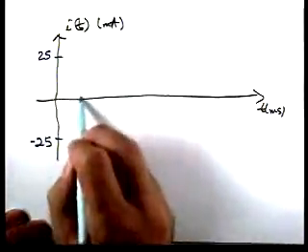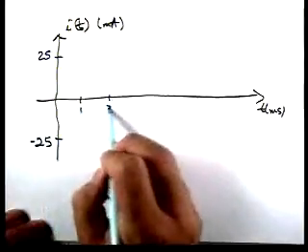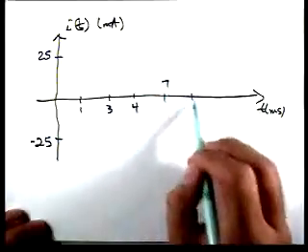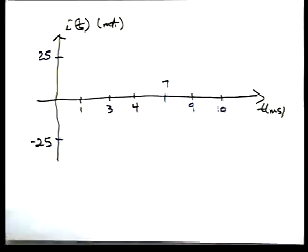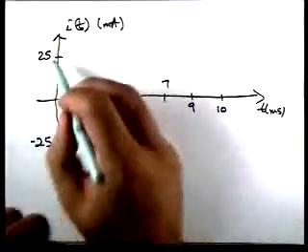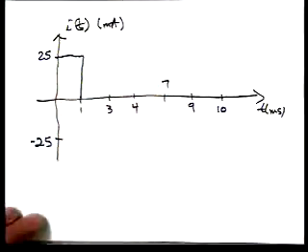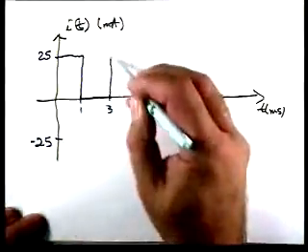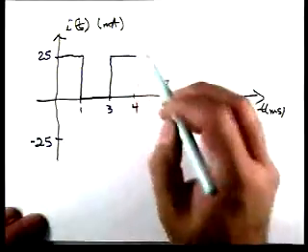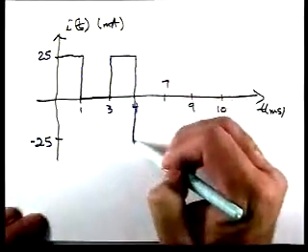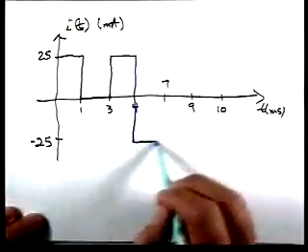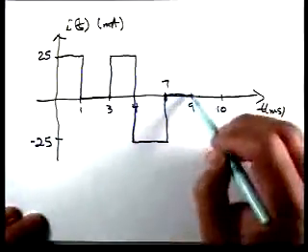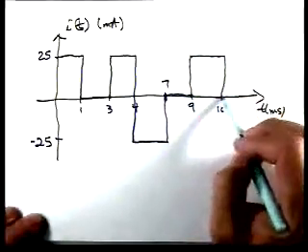So there's 1, 3, 4, 7, 9, and 10. Here's our waveform: 25 milliamps from 0 to 1, and it's 0 from 1 to 3. Then it goes up to 25 from 3 to 4. From 4 to 7, it's down at minus 25. Then it's 0 from 7 to 9. Then it goes back up to plus 25 for 9 to 10.